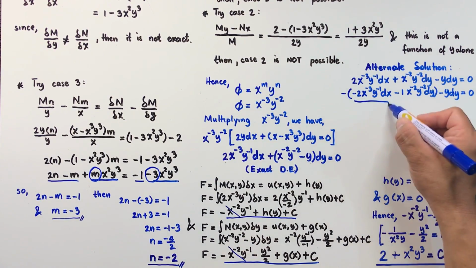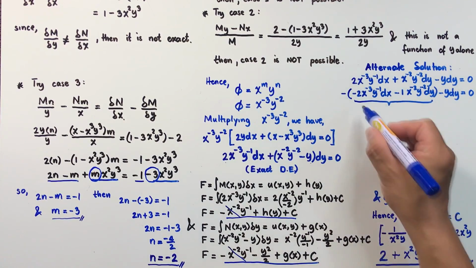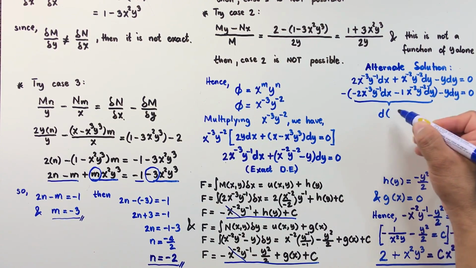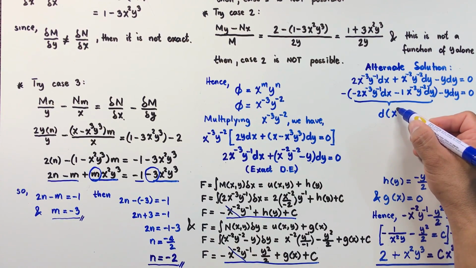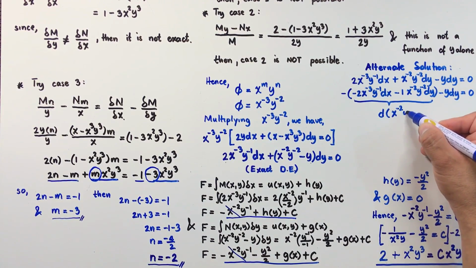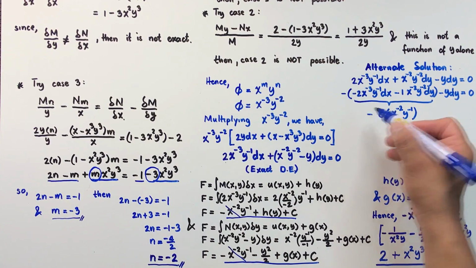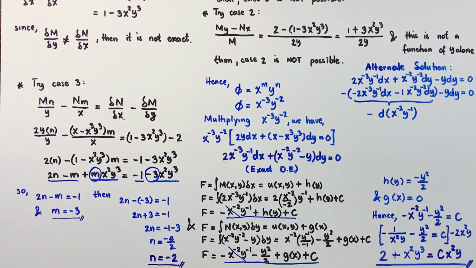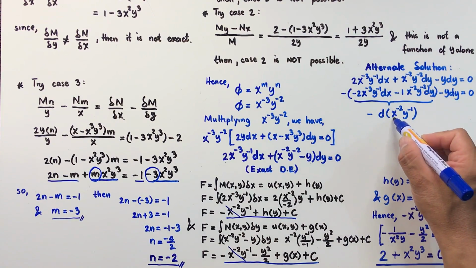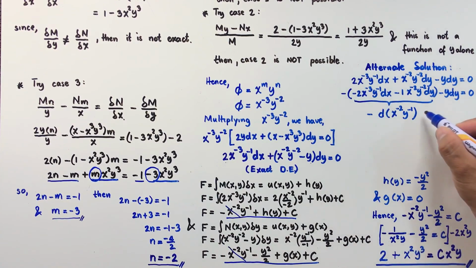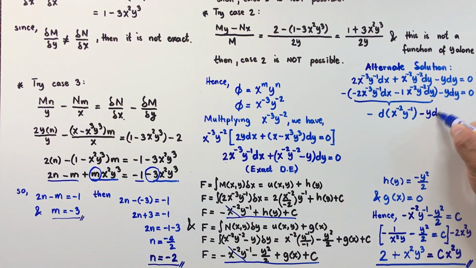And you can recognize that this is already an integrable combination, which is the differential of x to the power negative 2 y to the power negative 1. But there is a negative outside here, and you can check that the derivative of this product is this one here, which is also subtracted by y dy.